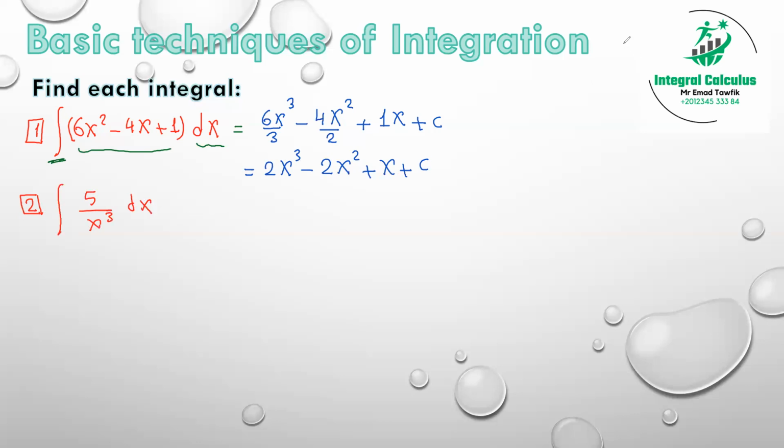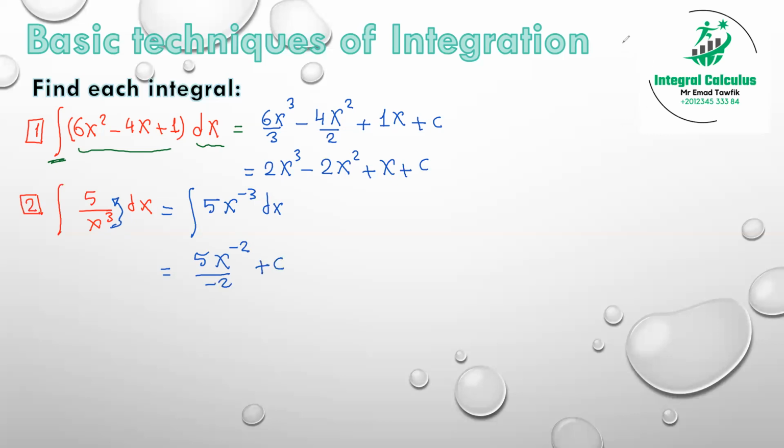You have to move the x to the power 3 to the numerator, to have 5x to the power negative 3 dx. Then I add 1 to my power to get 5x to the power of negative 2 over negative 2, and then plus c.